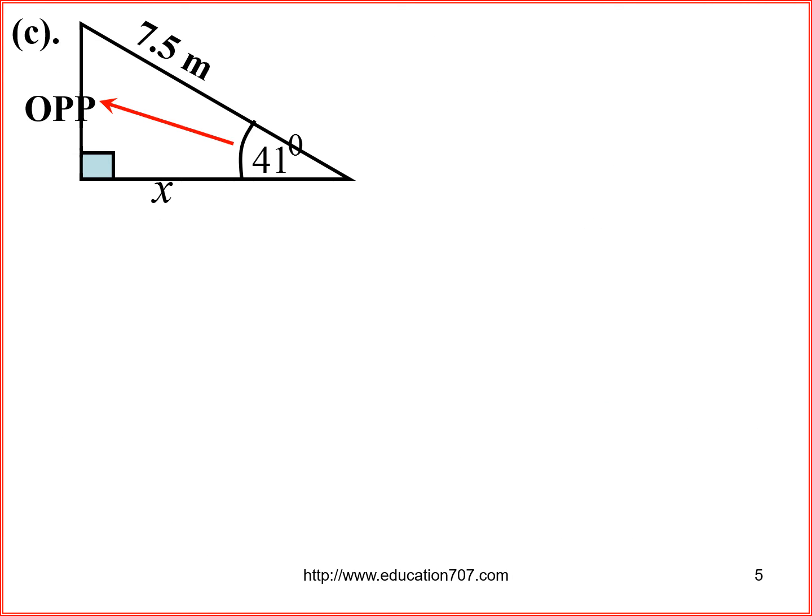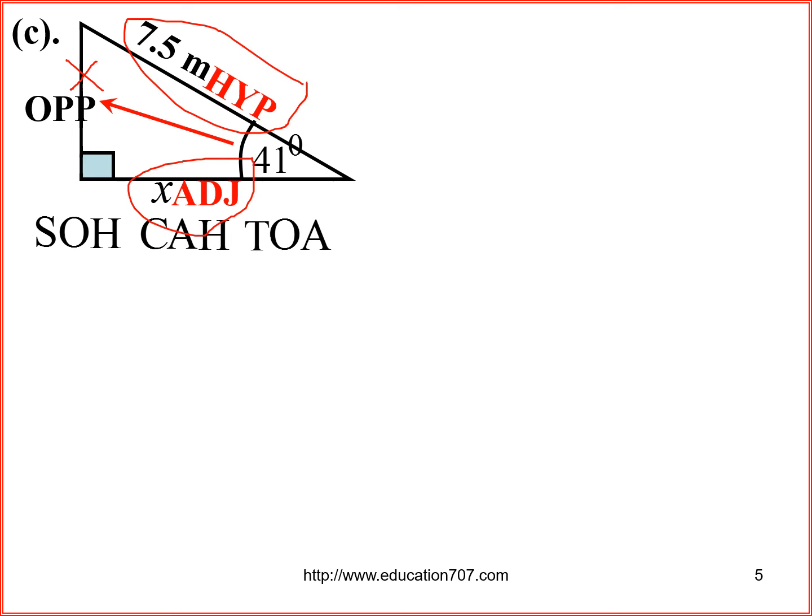Part C. So opposite to angle 41, we have the opposite. The longest side is the hypotenuse, so the other remaining side becomes adjacent. Here opposite is not given and not required to find. Hypotenuse is given, required to find x, the adjacent, so A and H. So we are going to make use of CAH. Where do we have A and H? It is cos.